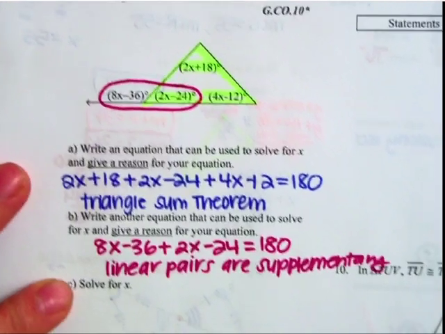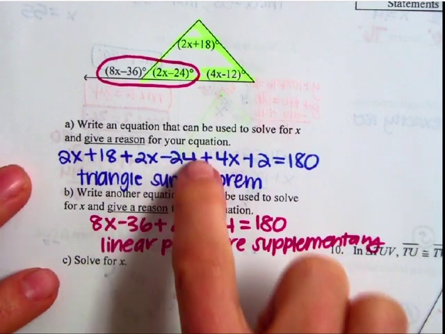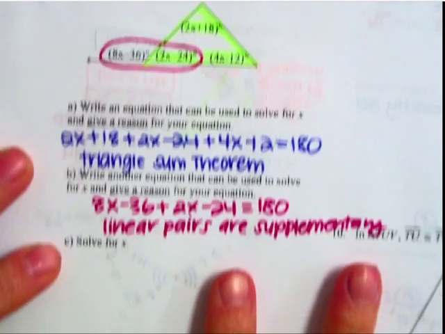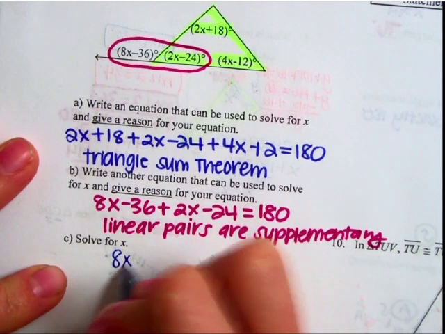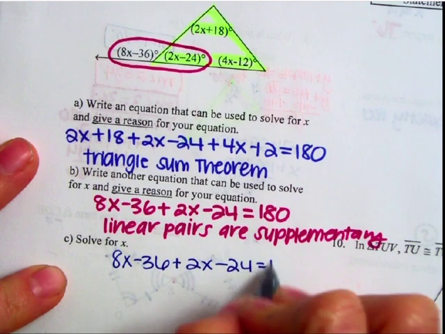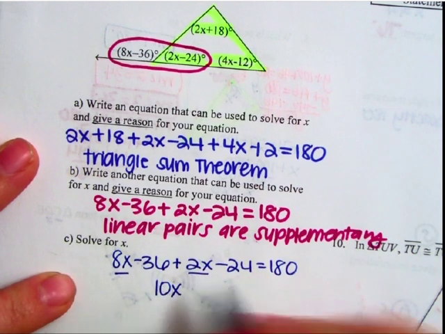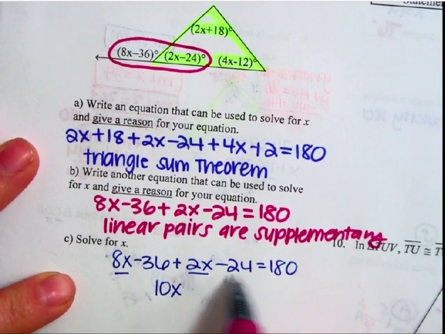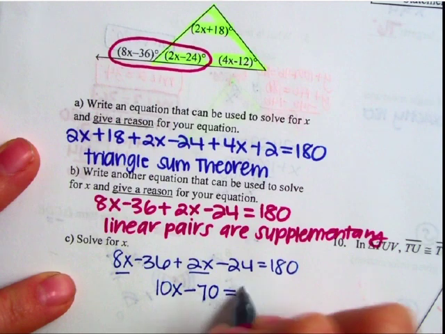Okay, so now that I have my 2 different equations, I can choose either one to help me solve for x. So I'm going to use this little bit of a shorter equation here, my linear pair equation. So I'm going to combine like terms. 8x and 2x is 10x. Negative 36 and negative 24, I'm going to add those together, negative 70.